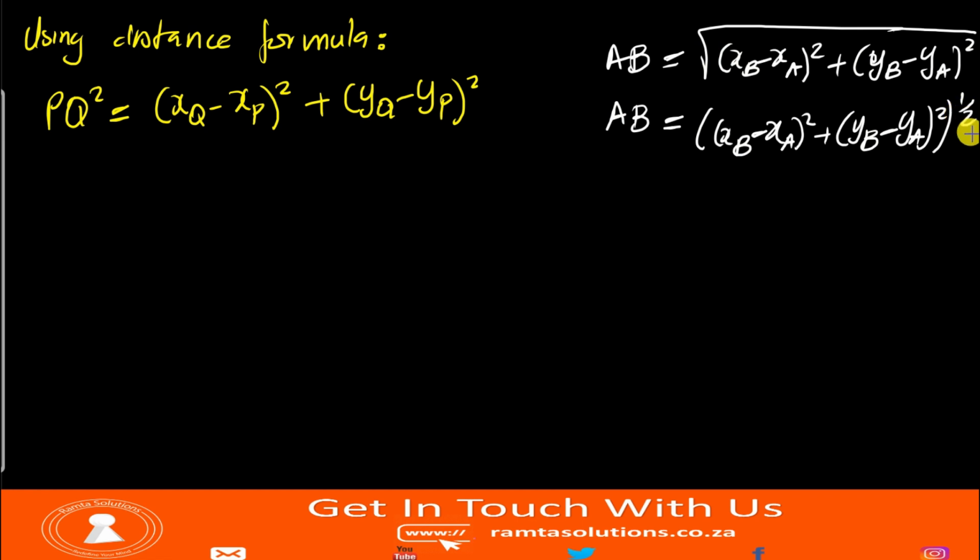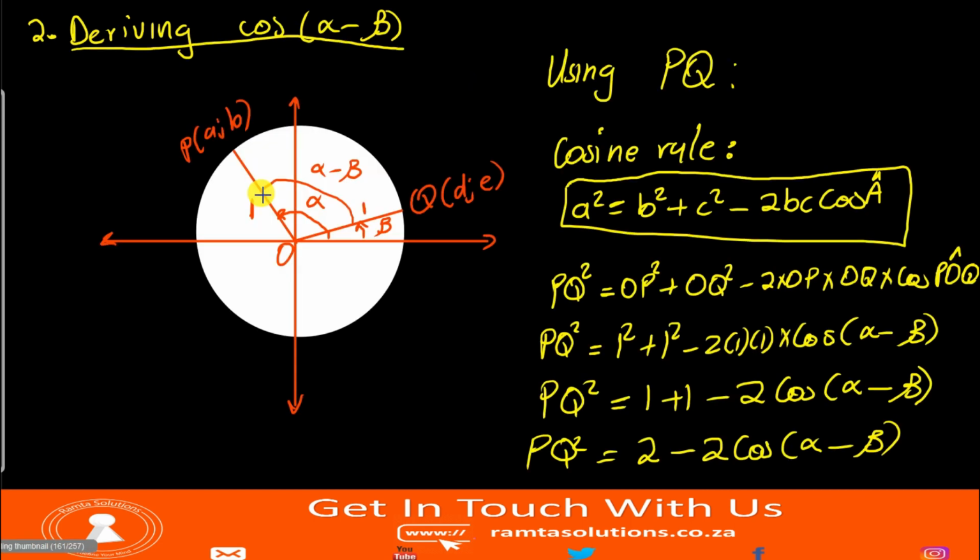To kill a power, you need to multiply by its inverse, so you raise throughout by the inverse. Therefore, you will have AB squared is x of b minus x of a all squared plus y of b minus y of a all squared. Can you guys see that? Perfect.